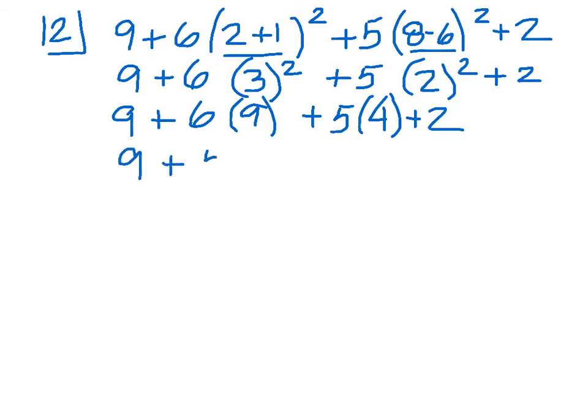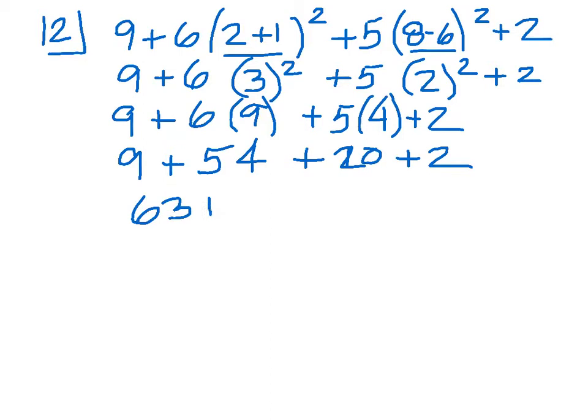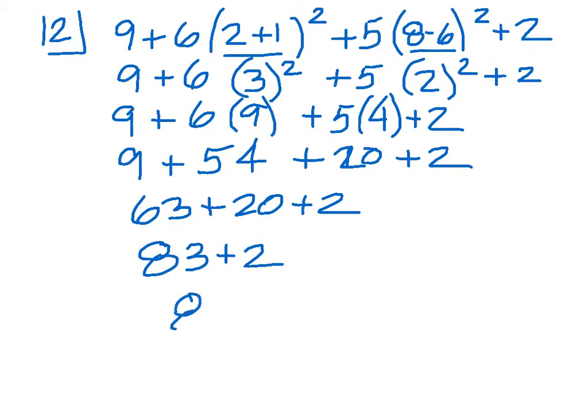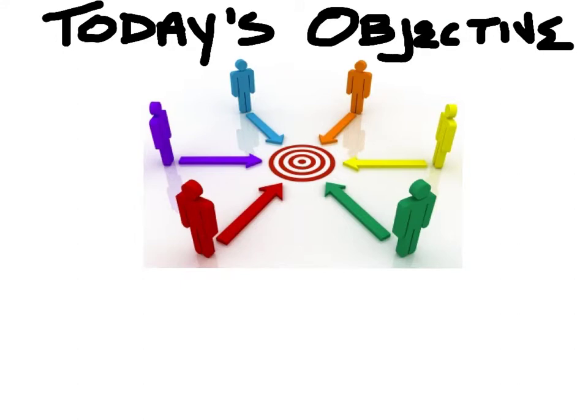And then you're going to have a 54 and a 20. 9 plus 54 is 63. If I add 20 to that, it's 83. And then 85 is the final answer.